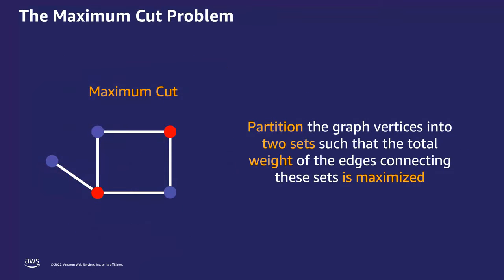Maximum cut is really interesting because it enables you to have this graph, and then you're going to partition the graph into 2 sets. In this toy graph on the screen, we're going to partition the sets such that the total weight of the edges connecting the sets is maximized. And this is super important in a number of applications. Finance is one example, but there are many others.